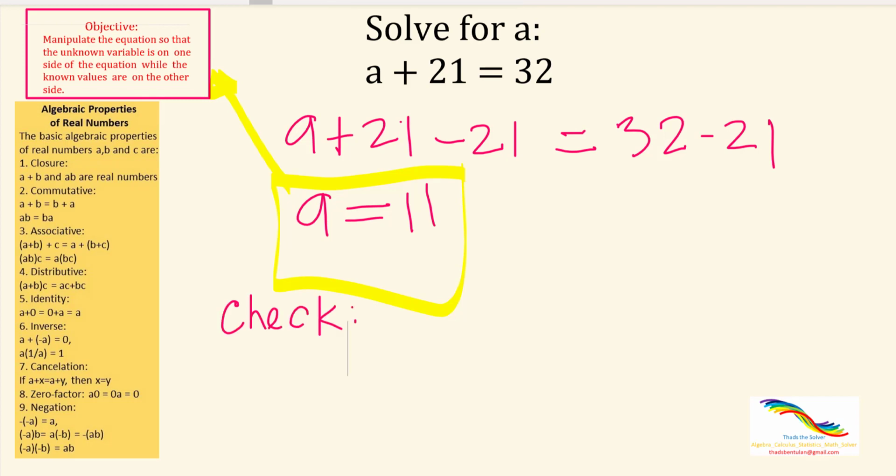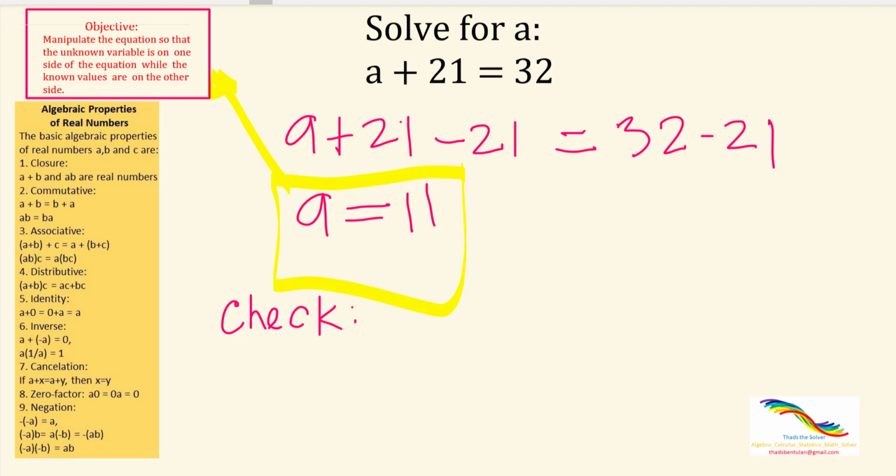So how do we check? We check our solution if it's correct if we substitute the value we have arrived at into the original problem.